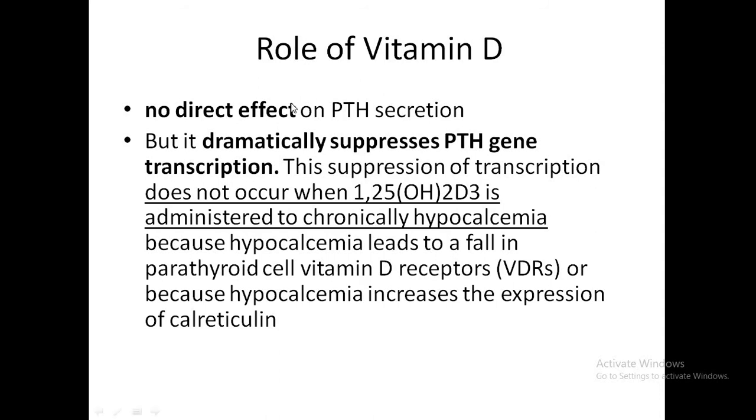So in short, there is no direct effect, but it could decrease the PTH gene transcription in a drastic way, and it does not happen when the vitamin D level is low, when there is hypocalcemia and when vitamin D is administered.